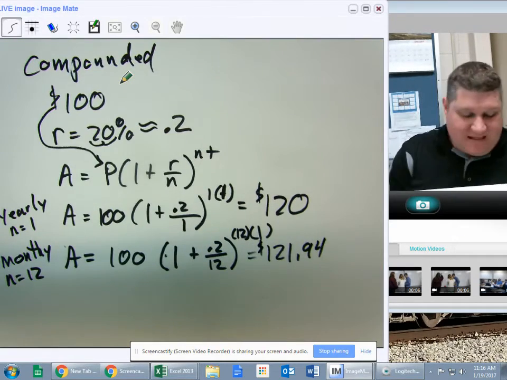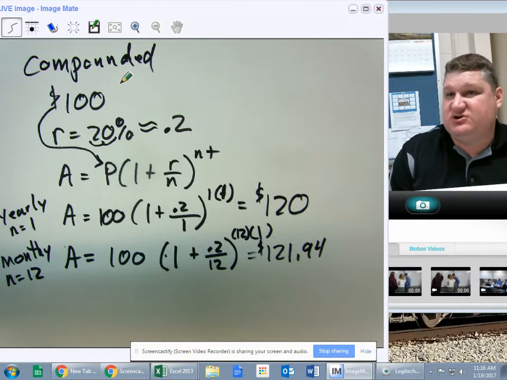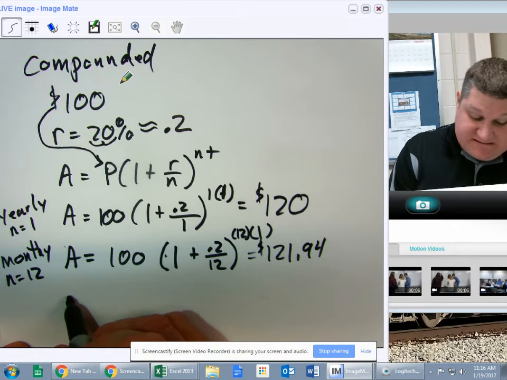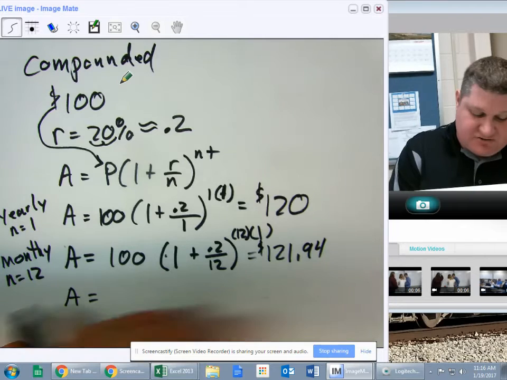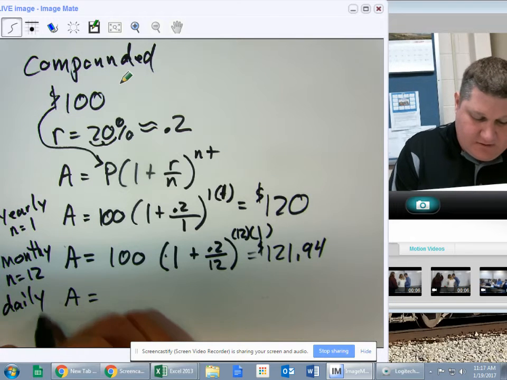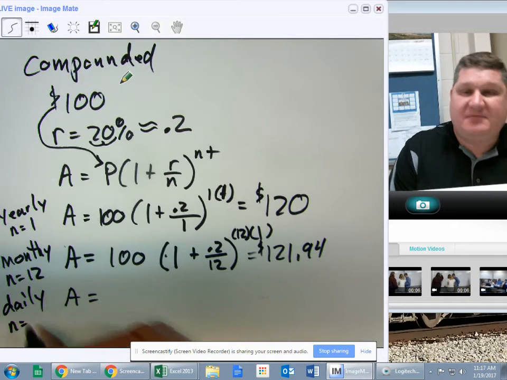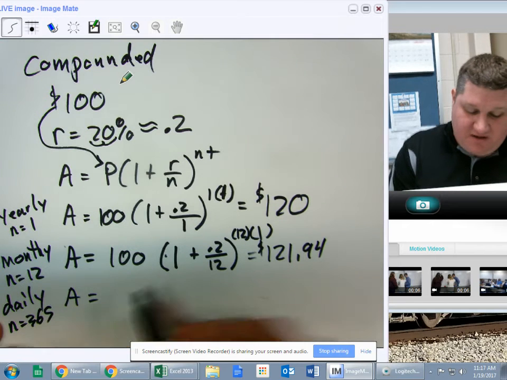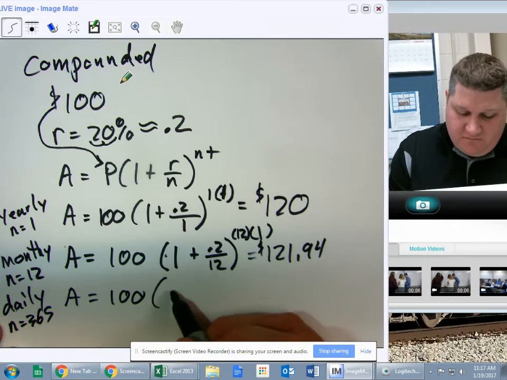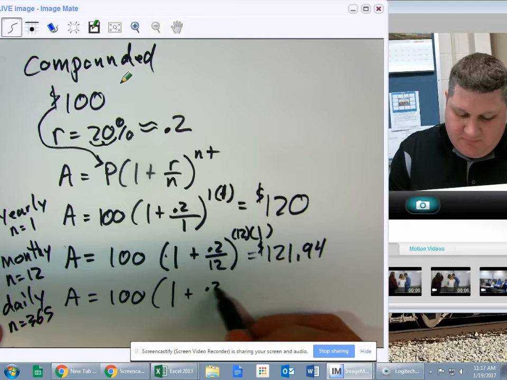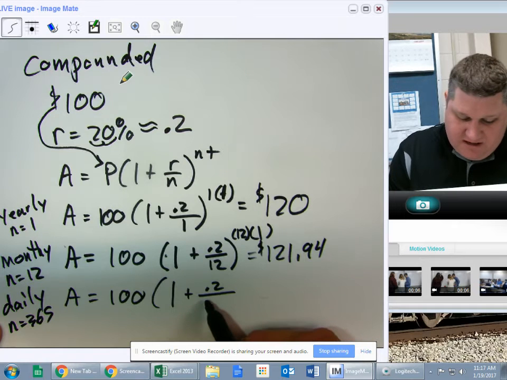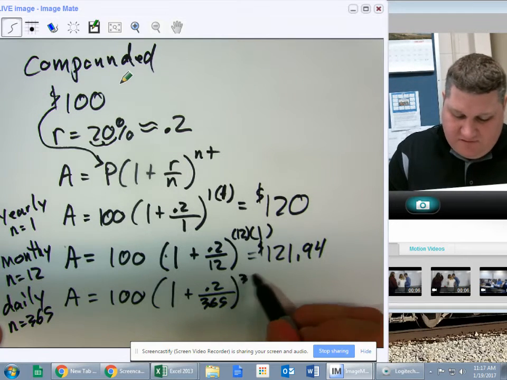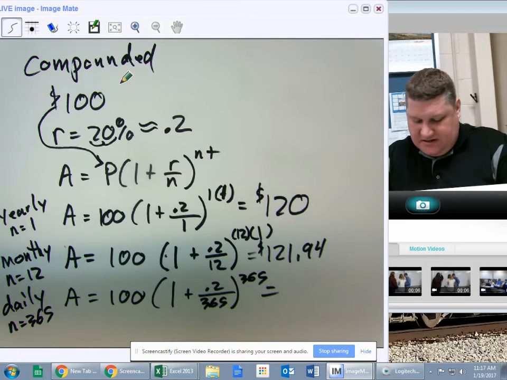Now, technically, credit cards don't charge you just monthly. They actually charge you continuously. But since you can't do continuously, let's go daily. Daily would be how many times will they charge you in a year? 365. So $100, 1 plus the 20%, but done over how many days? 365 and 365. Let's see how much that's going to be.